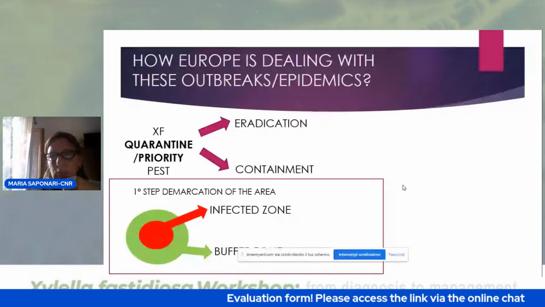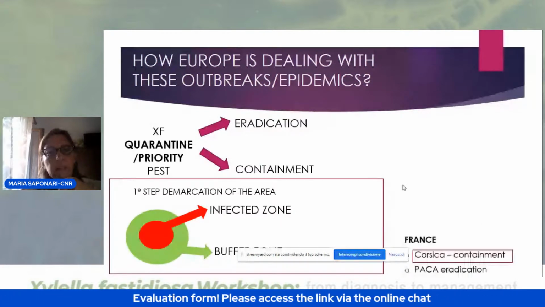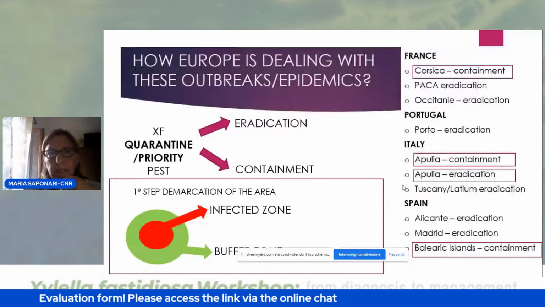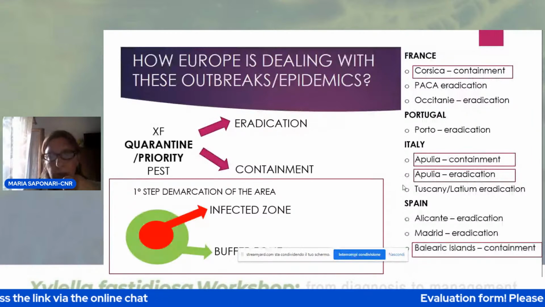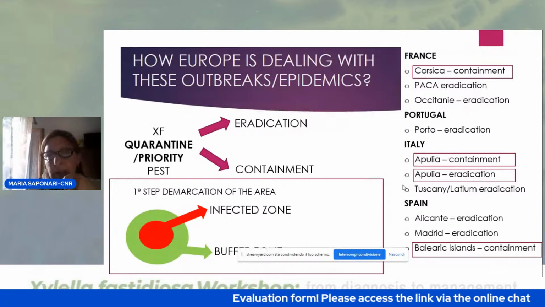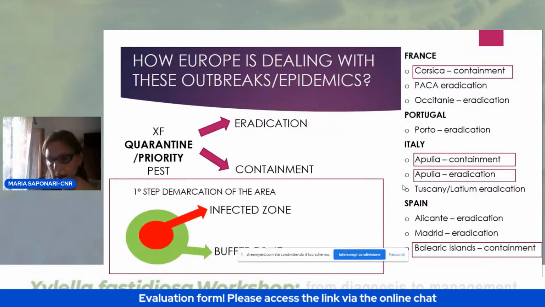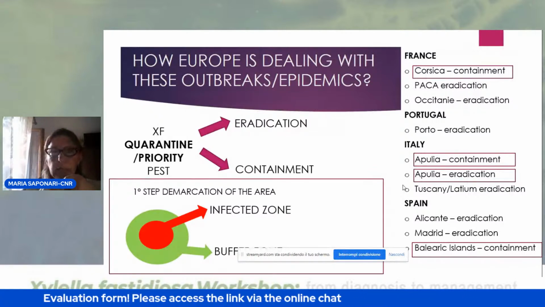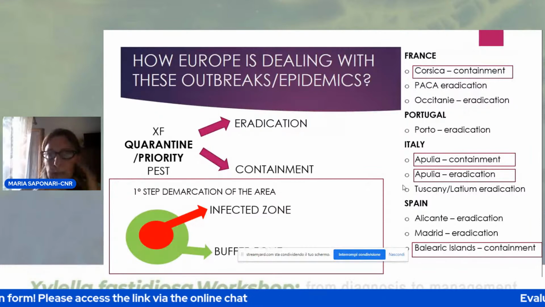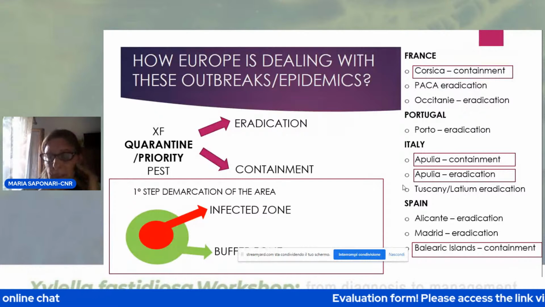Actually, in Europe, we have situations in which the eradication measure applies, and situations in which there is containment. The difference is that the eradication measure applies only when the outbreak is very limited and the number of species infected in the outbreak is very limited.